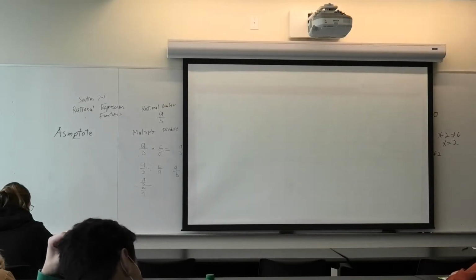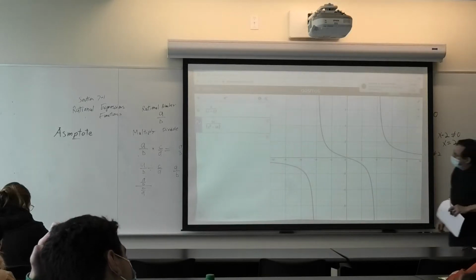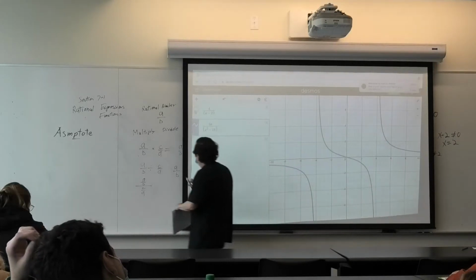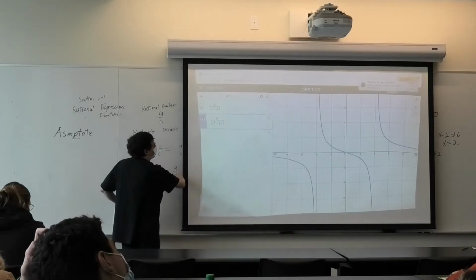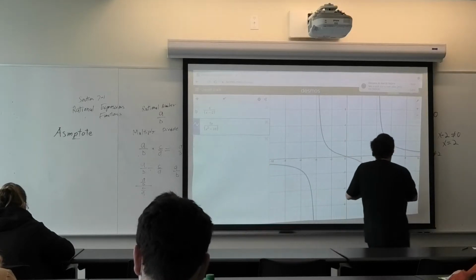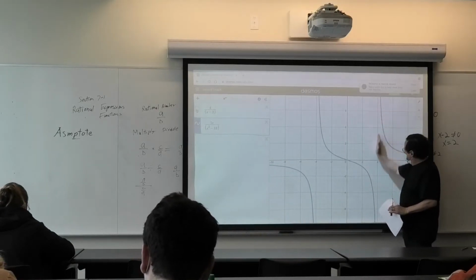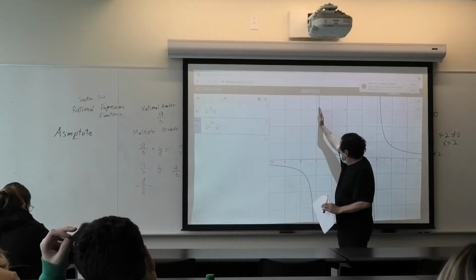Did I put the right example? Yes, I put the right example. Put 5x over x squared minus 16. Okay, so here we see that just as we thought, at 4 and minus 4, there are asymptotes.